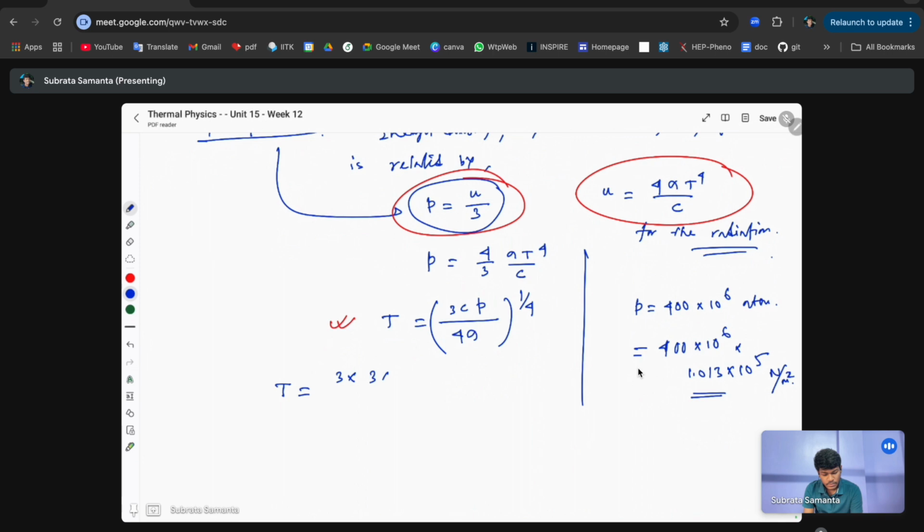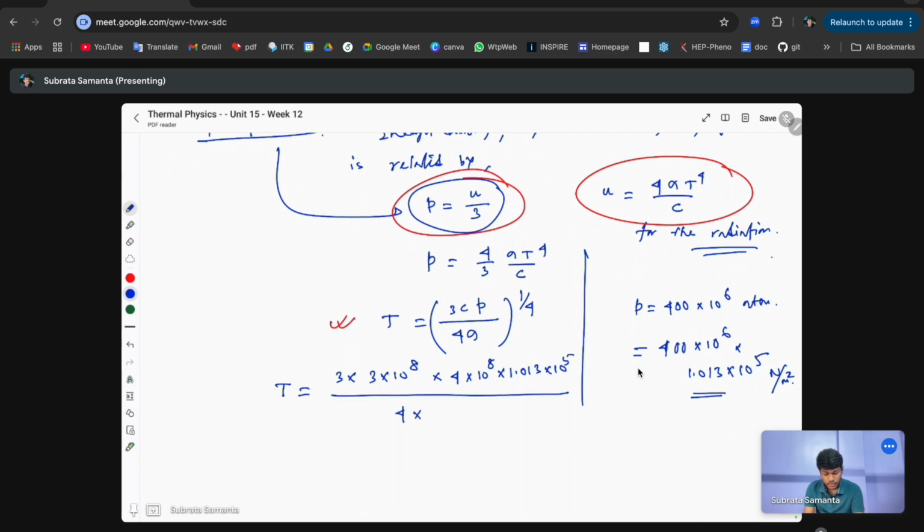So it's 3 times 10 to the power 8, right? And then the value of the pressure is 4 times 10 to the power 8 times 1.013 times 10 to the power 5 Newton per meter square, all in SI units, divided by 4 sigma.